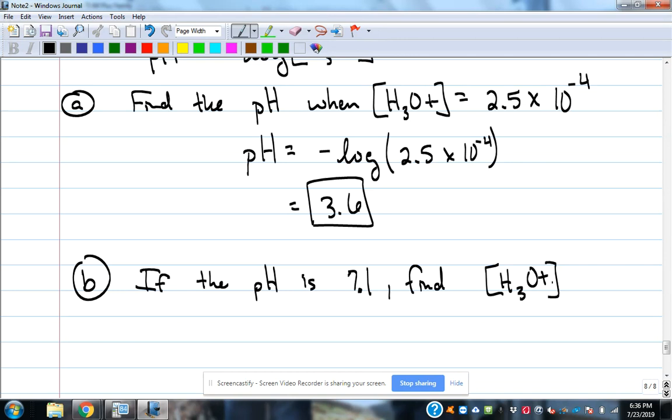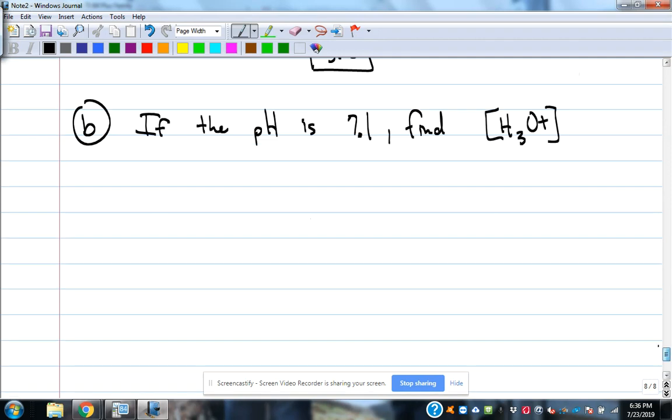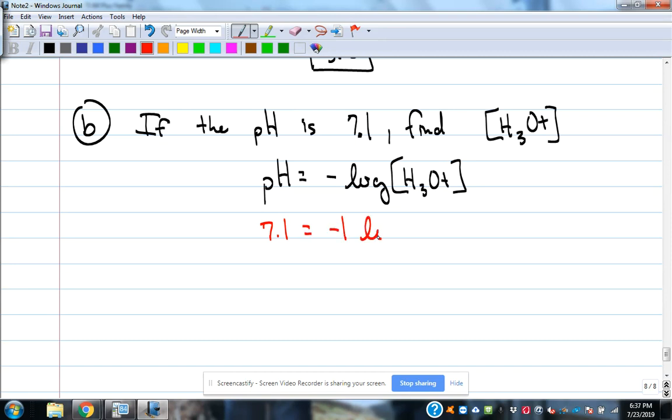Here's the thing: we have this equation that says pH is equal to the negative log of the concentration of the hydrogen ion. So we know that we can plug in some things we know. We know that 7.1 is the pH. That's -1 times the log of H3O positive ion.